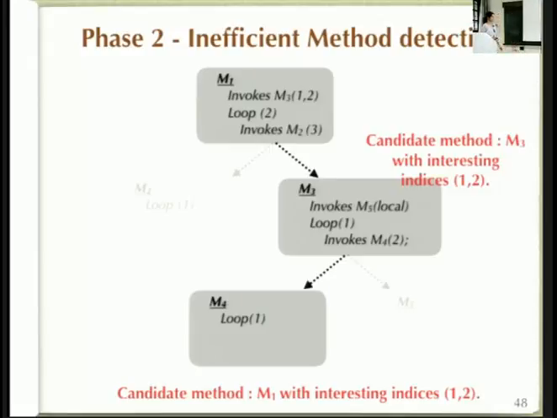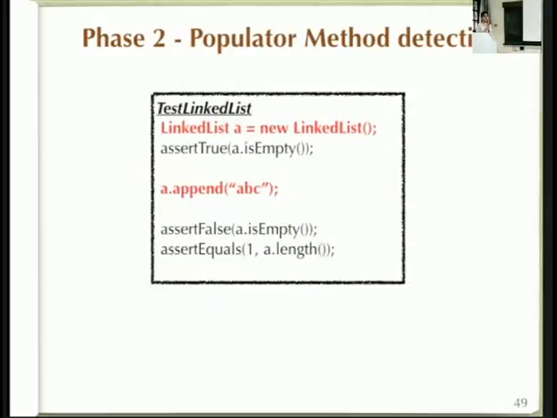Okay. So we need a populator method. Why do you need this? I know that second and third parameter of M1 should be sufficiently large. But to make sure they are sufficiently large, I need to add the elements to the collection, right? So for example, in the linked list case, there was an append method that was increasing the size, or it is ensuring that the collection is increasing, right?